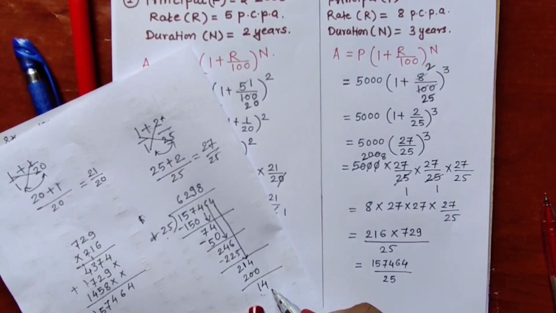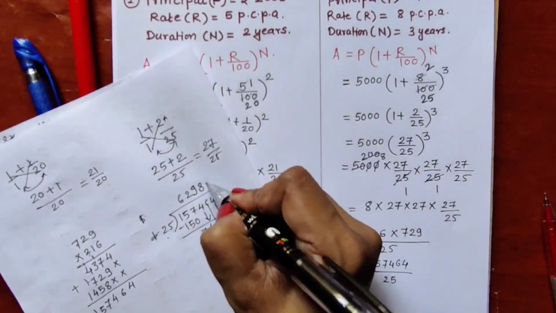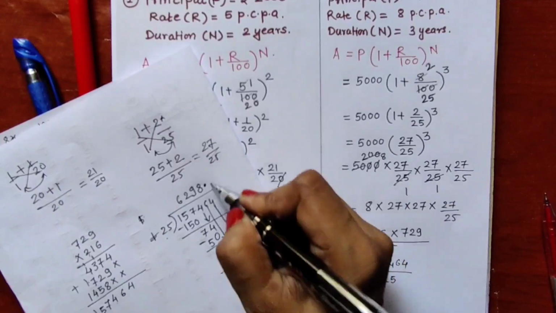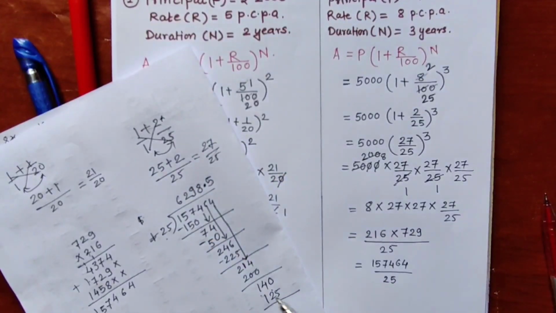Now this 14 is smaller than 25, so we put a point here and we write the 0 here. Now 25 5s are 125, and then we get 0 here. So 25 6s are 150.